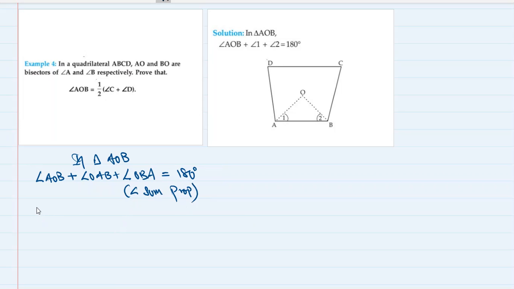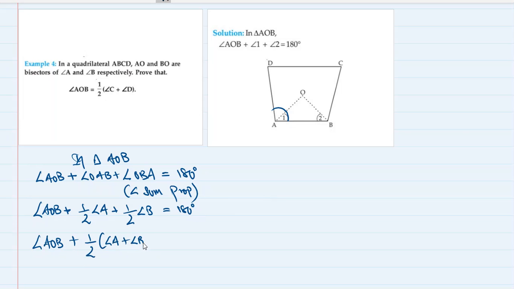Okay, so we can say that angle AOB plus half of angle A, because angle OAB is half of complete angle A, because OA is a bisector, plus angle OBA is half of angle B, is equal to 180 degree. So angle AOB plus half of angle A plus angle B is equal to 180 degree. Okay, now I just want you to stop here and name it as equation 1.